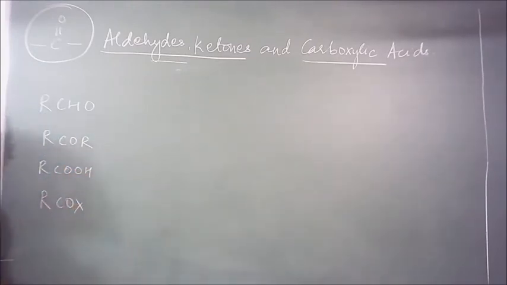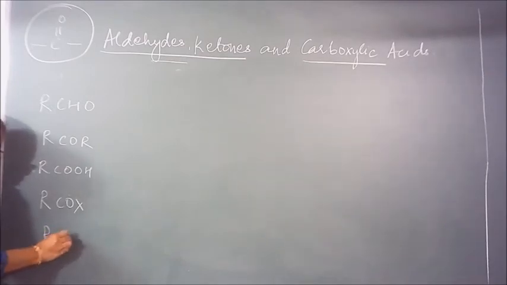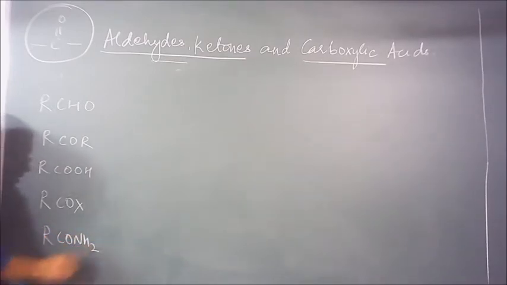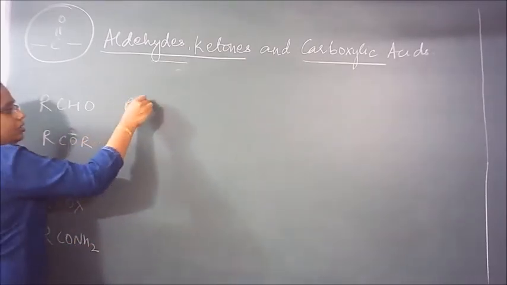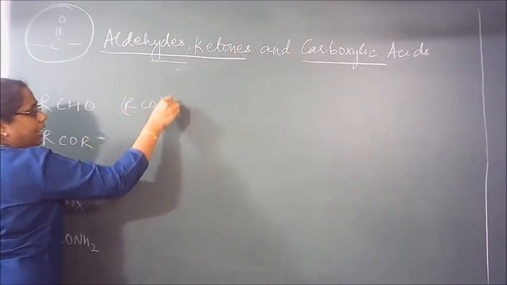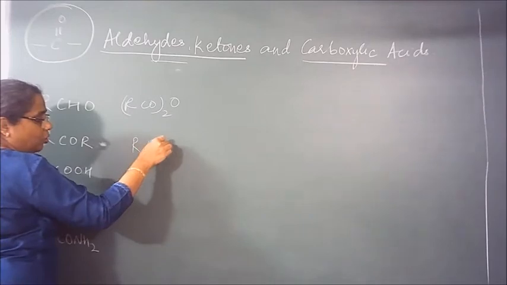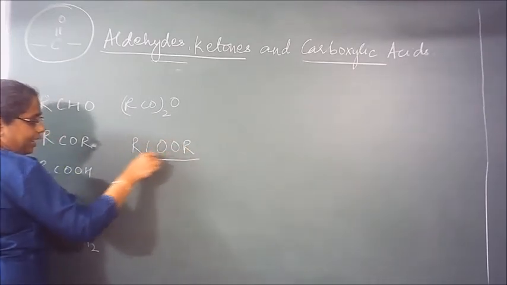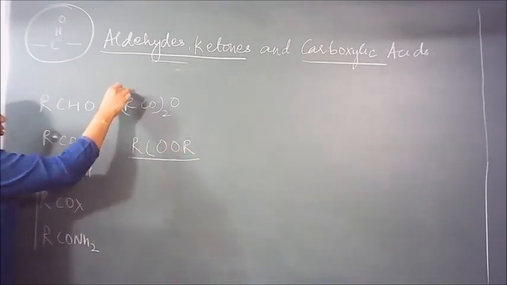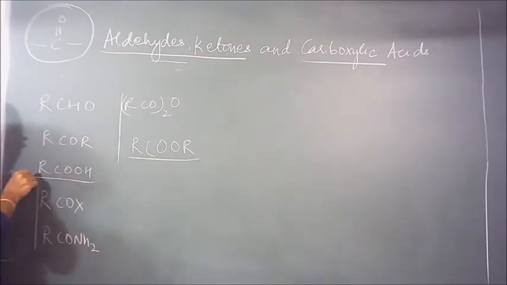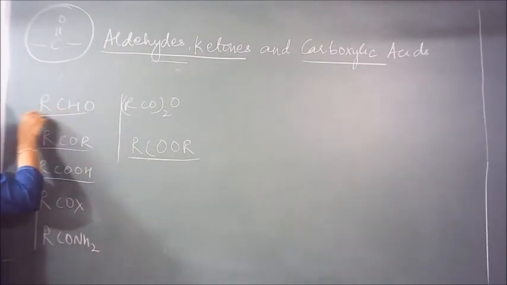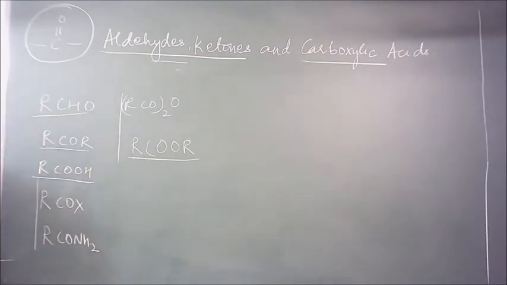This is acid halide, mainly called alkanoyl halide or acid chloride. You have RCONH2 as an amide. You have (RCO)2O as an anhydride, and you have RCOOR as an ester. So these are acid derivatives, acid, ketone and aldehyde. So you now know the functional group.